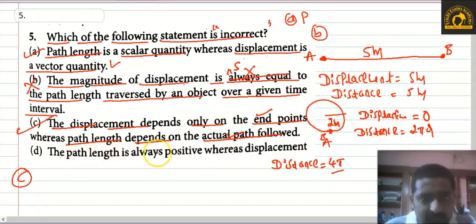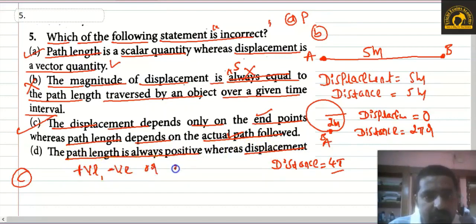Option D. The path length is always positive, whereas the displacement is positive, negative, or 0. The displacement can be positive, negative, or 0, but the path length is always positive. This is also a correct statement.